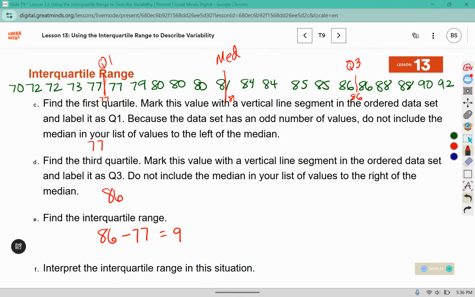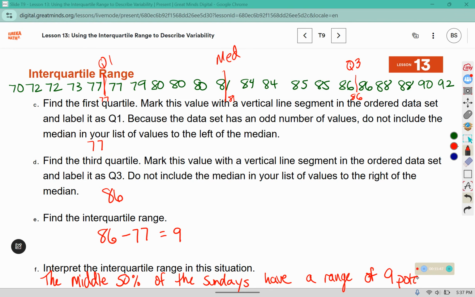So that's the middle 50% of the data. And in this case, that's on Sundays. And they have a range of 9. This problem is talking about potatoes.